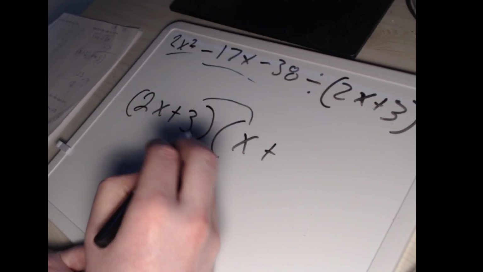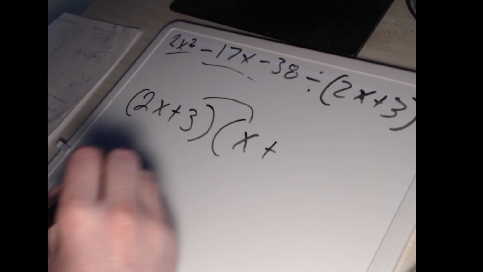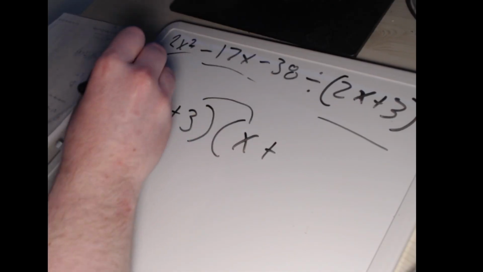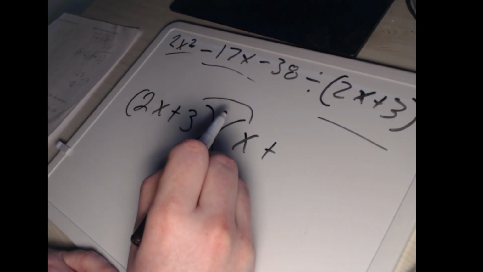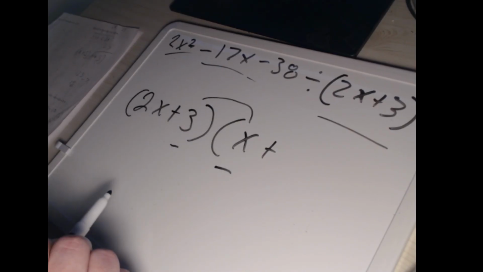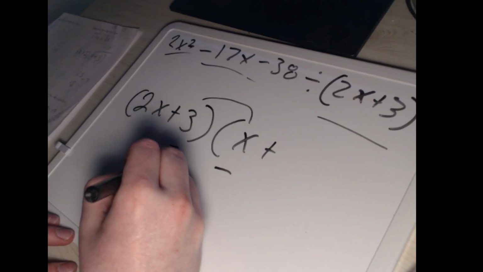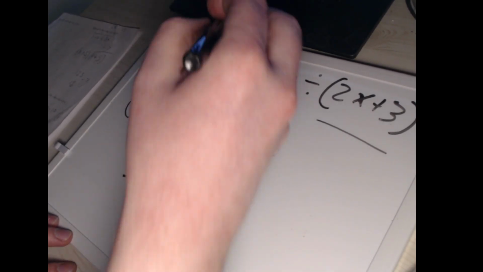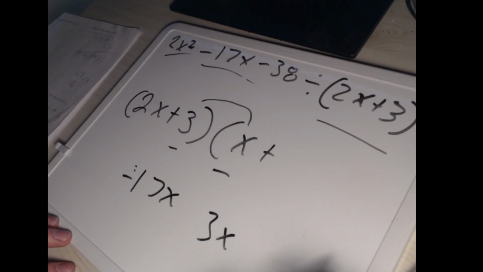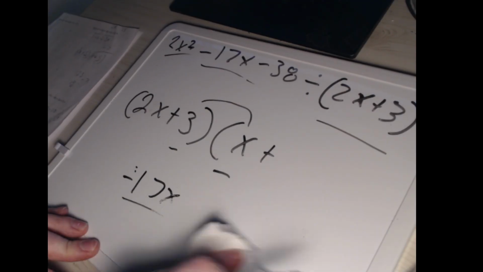This is going to turn into 3x, right? So we're already going to know that we have 3x because this is our setup. So that means we're going to be left with 3x. So we need negative 17x, and we have 3x. Well, what plus this equals negative 17? Well, negative 20. Negative 20 plus 3 is negative 17.